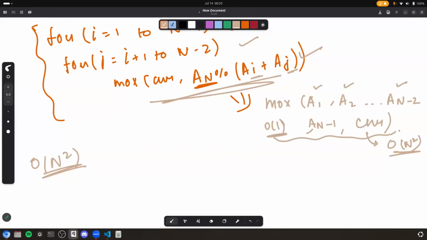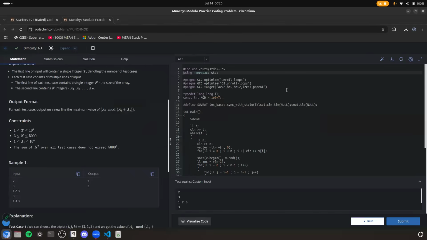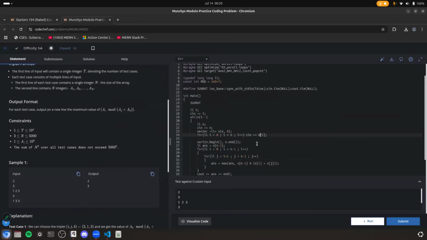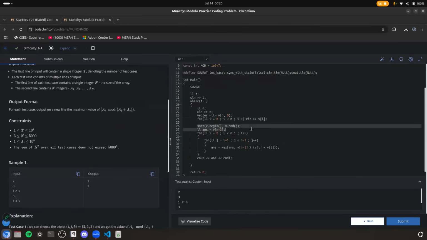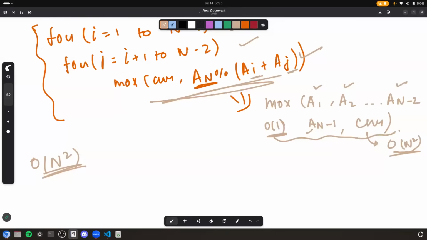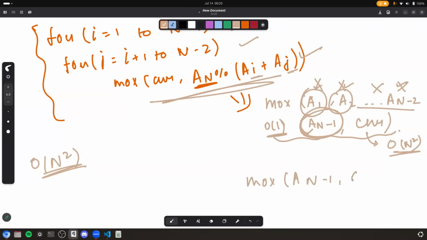I'll show you guys the code. Basically, we take input into a vector and then we sort it. And obviously, if I have already sorted the array, I know that A1, A2 till AN minus 2 are less than AN minus 1. So I don't need to consider these. I can just take the max of AN minus 1 and curve. That would also give me the answer, since AN minus 1 is already greater than these.